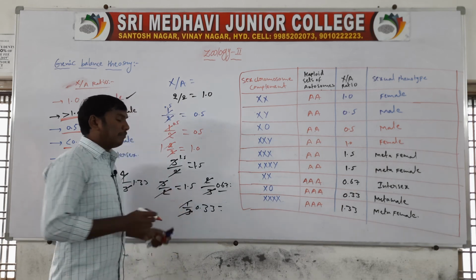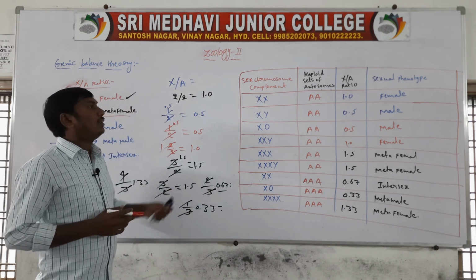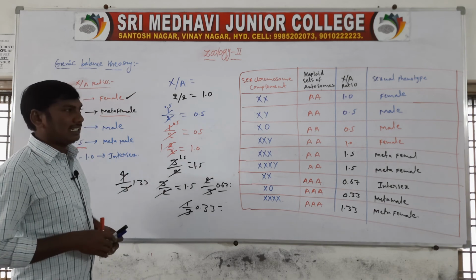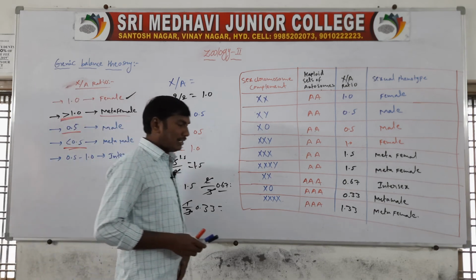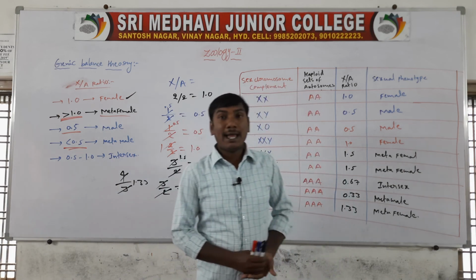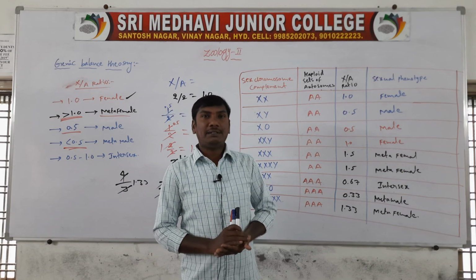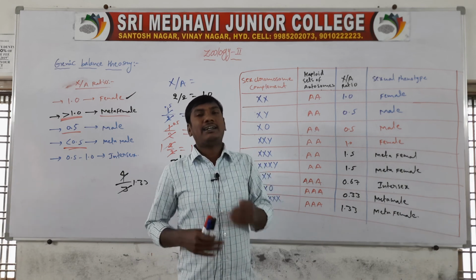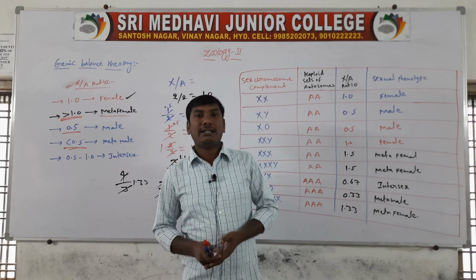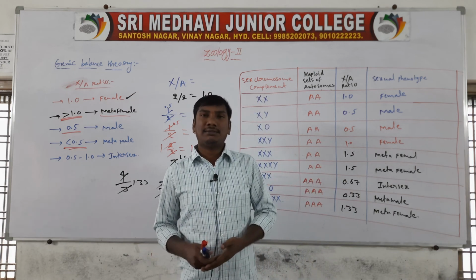So this is based on the genic balance theory. The ratio indicates maleness and femaleness. Normally male means a male individual, female means a female individual. Meta female means they are female but with extra characters of the female. Meta male means male with extra characters of the male.